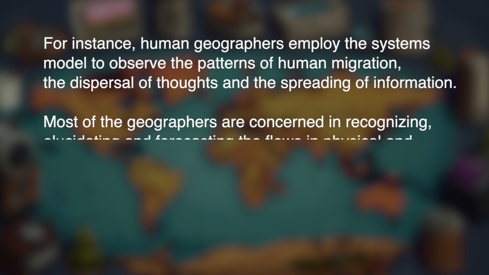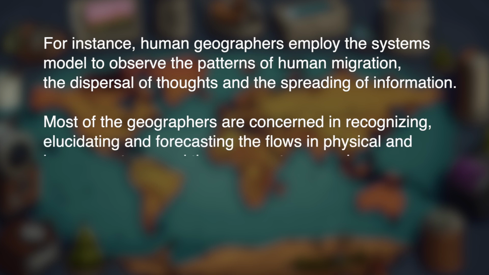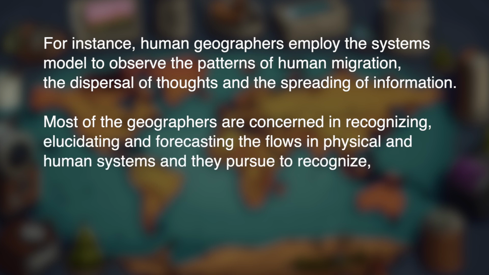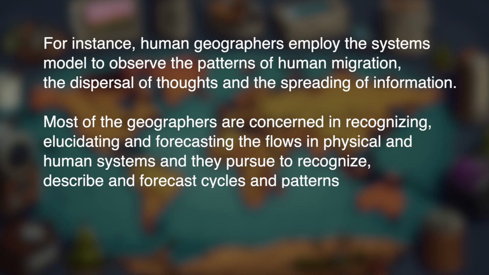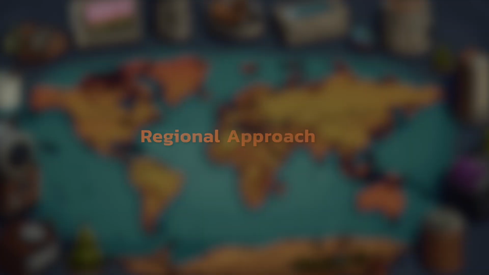Most geographers are concerned with recognizing, elucidating and forecasting the flows in physical and human systems, and they pursue to recognize, describe and forecast cycles and patterns. Moreover, geographers are interested in variations in flows, cycles and patterns, since such variations are indicators of possibly important amendments in the major systems.